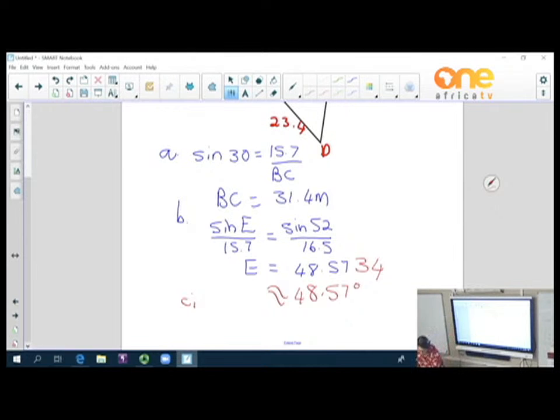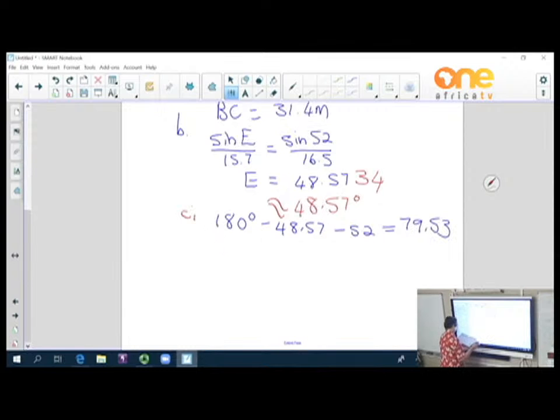Number C1. Right, so to get that angle, it is in a triangle, so it will be 180 degrees minus this 48.57. It's just, it's no calculation, minus the 52 degrees. And that's how we get what they gave you, 79.53.